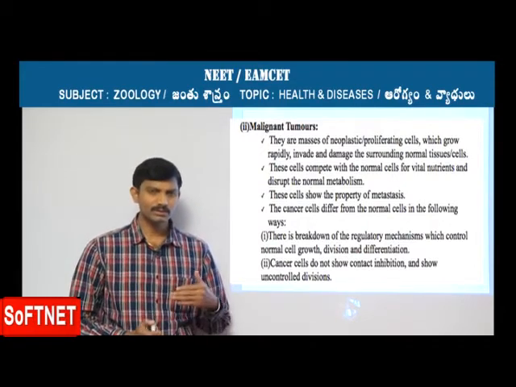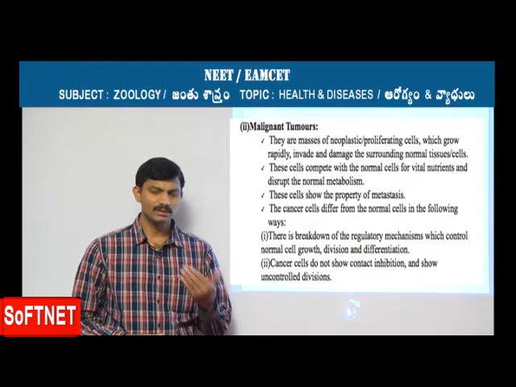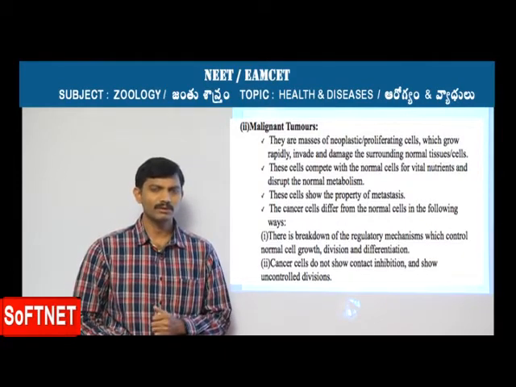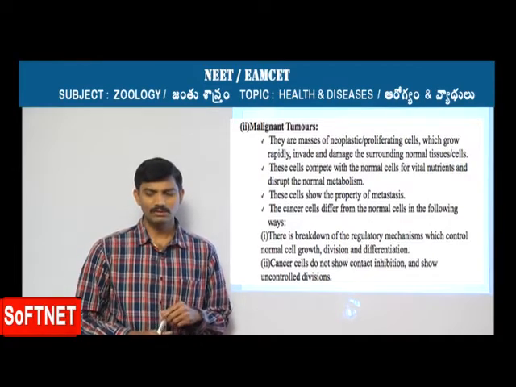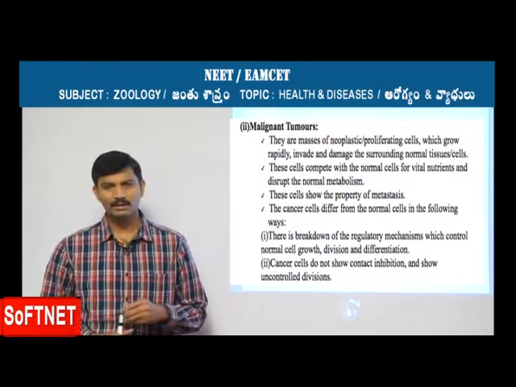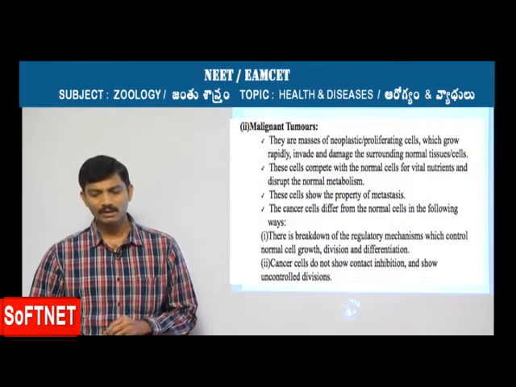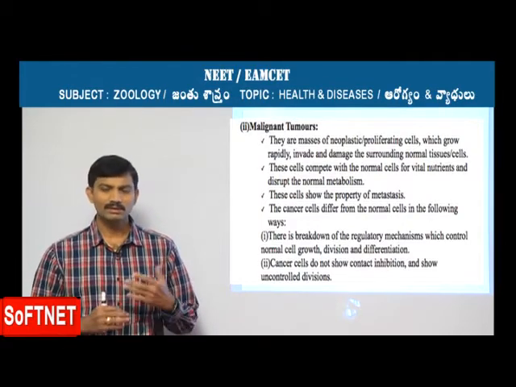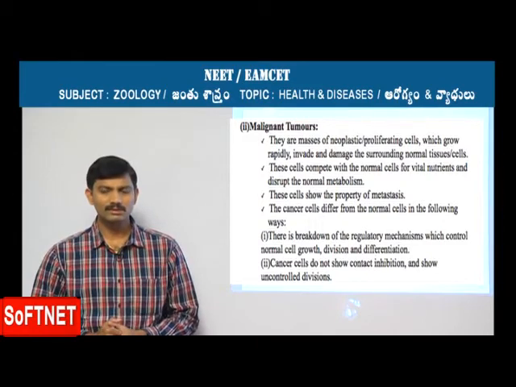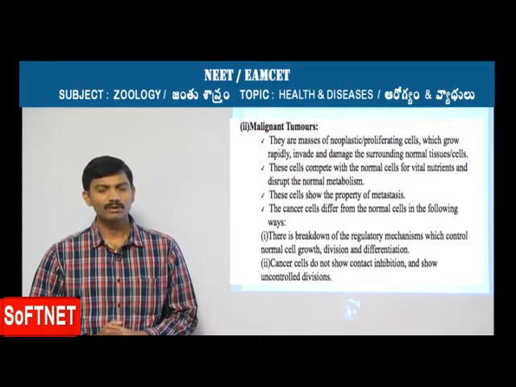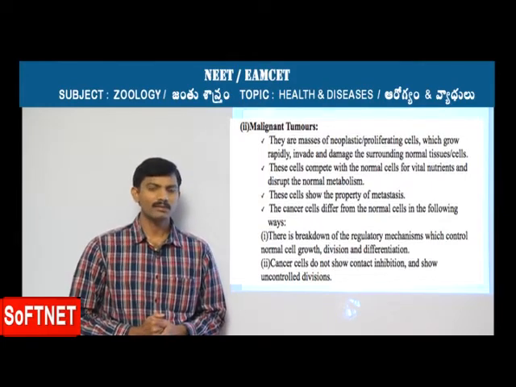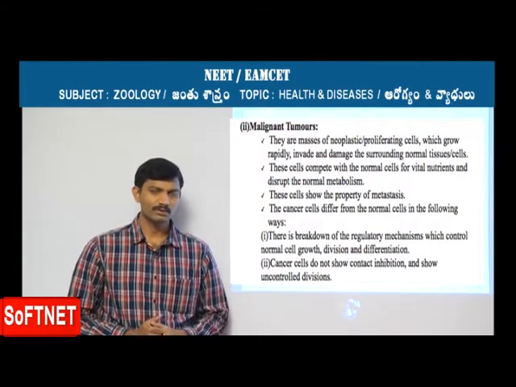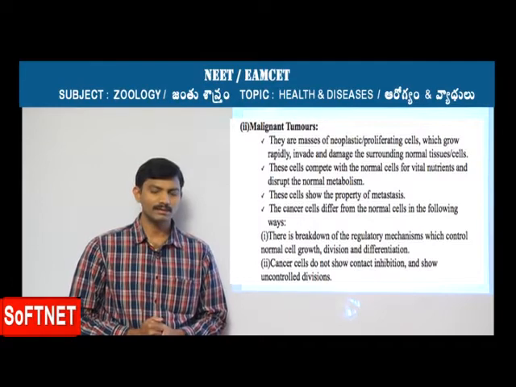Malignant tumors are those in which, as a result of the loss of cell cycle control, cells keep on dividing and a large mass of tissue is formed, which is called neoplastic. They keep on growing rapidly and start surrounding the normal cells around them. One of the most important features of these cells is the property we call metastasis.